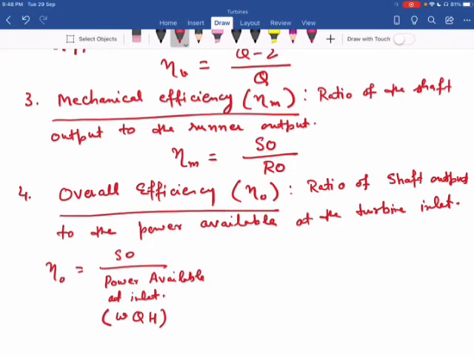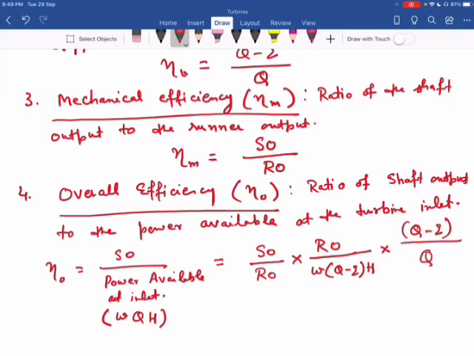This is overall efficiency. Now I can also write this overall efficiency as shaft output divided by runner output, times runner output divided by W(Q minus q)H, times (Q minus q) divided by Q. So ultimately I have shaft output divided by WQH, as the runner output cancels with the runner output and Q minus q cancels.